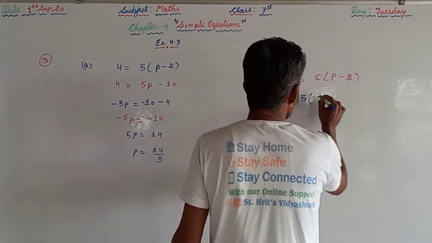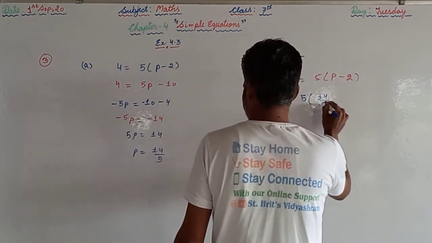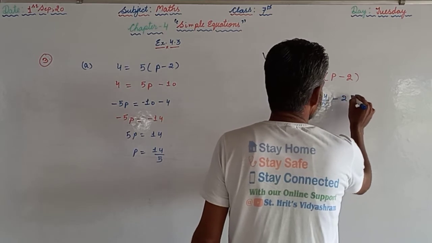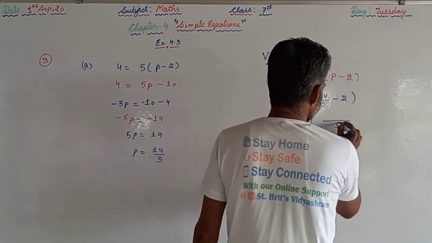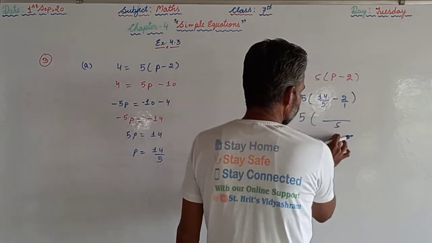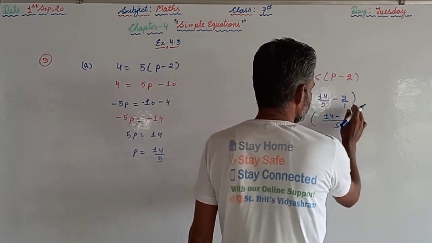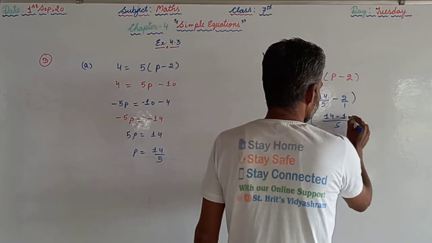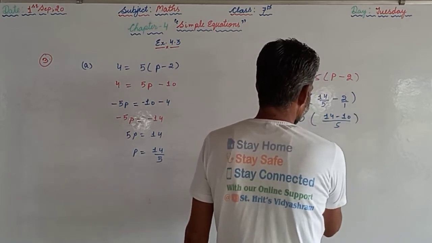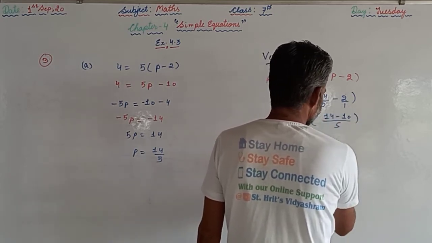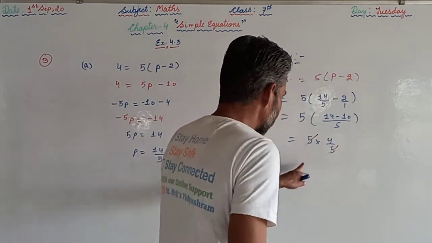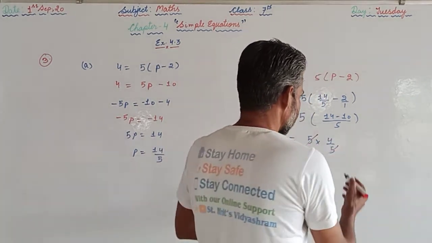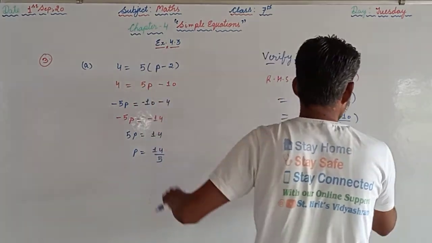The value of p is 14 upon 5 minus 2, that is 2 upon 1, and 5 is the LCM. 14 minus 2 fives are 10, and we will get 14 minus 10, 4 upon 5, and 5 cancels out 5, 4 is remaining, and that is equals to left hand side.